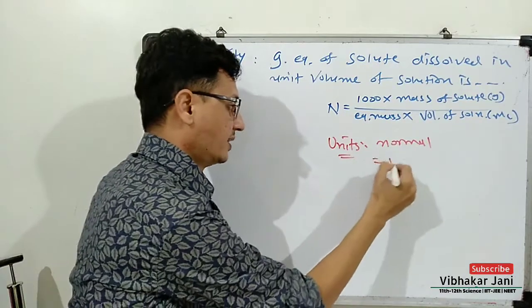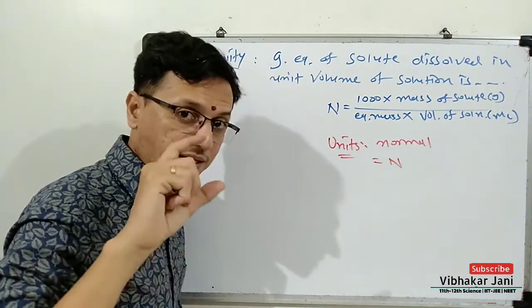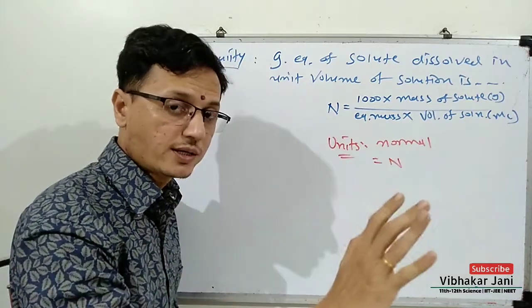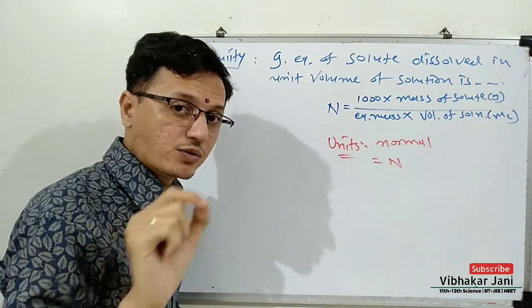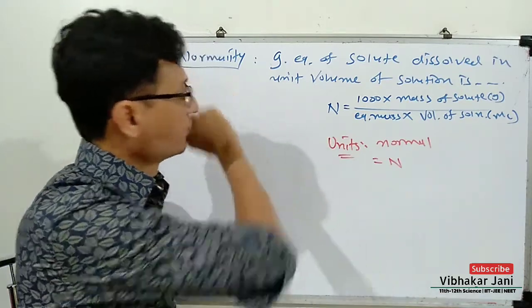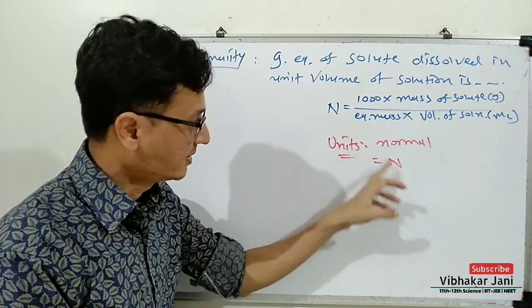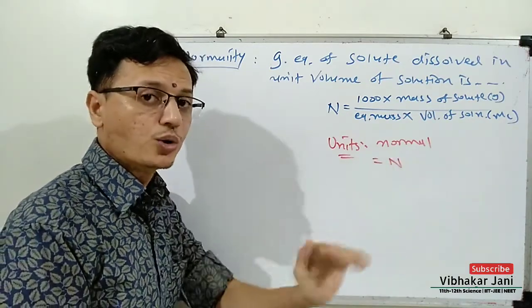For molarity there was capital M, it is called molar. While in case of normality, the unit is denoted as capital N and it is pronounced as normal.